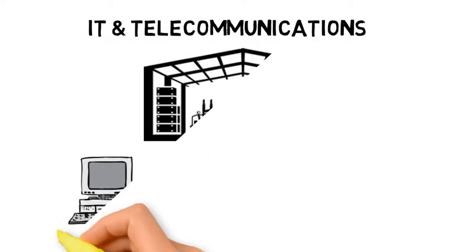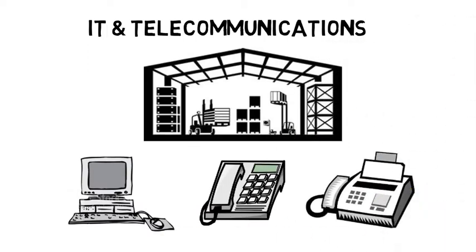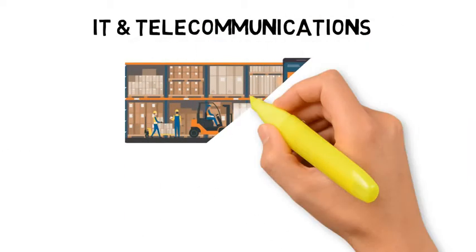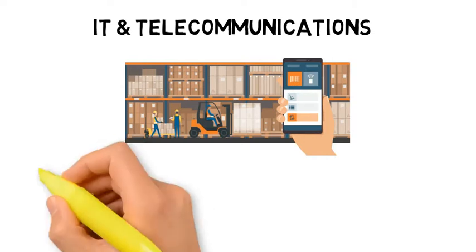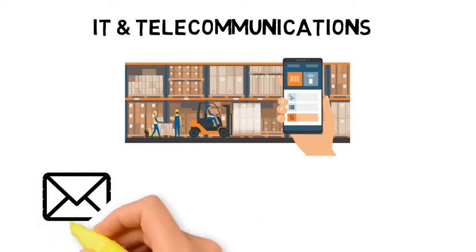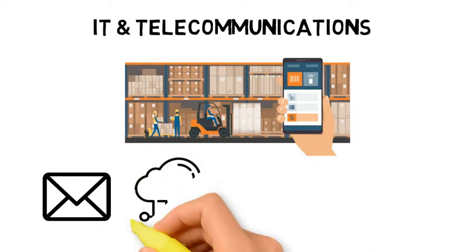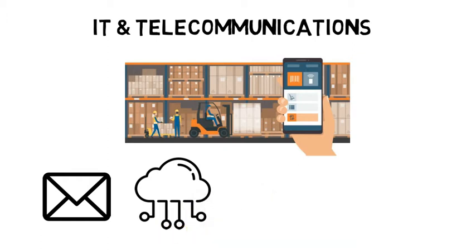continue to operate. In a traditional warehouse, IT and telecommunications equipment would have just consisted of computers, printers, telephones, and fax machines. In the modern warehouse, IT and telecommunications has become a key success factor. Internal communications and external communications with suppliers and customers depend on email. Customers book shipments using online shipment booking systems and track their shipments using online track and trace systems.